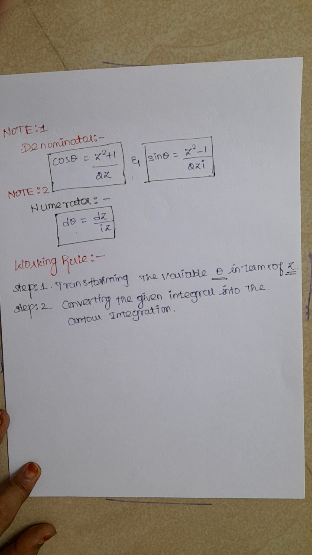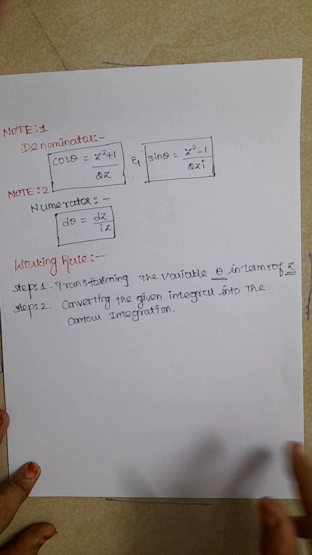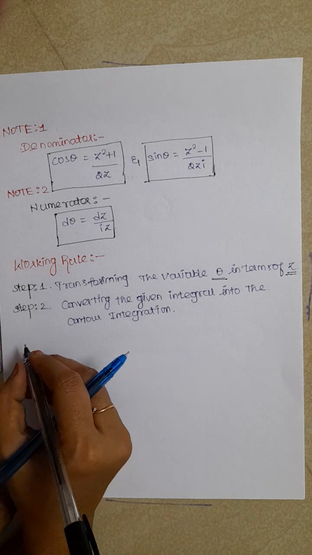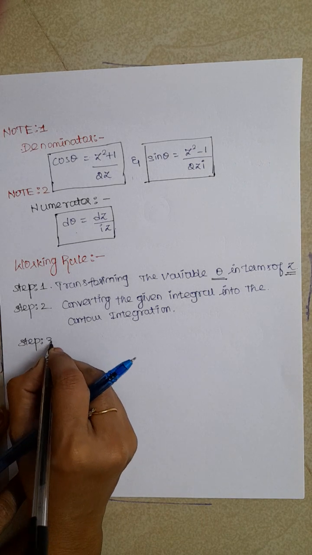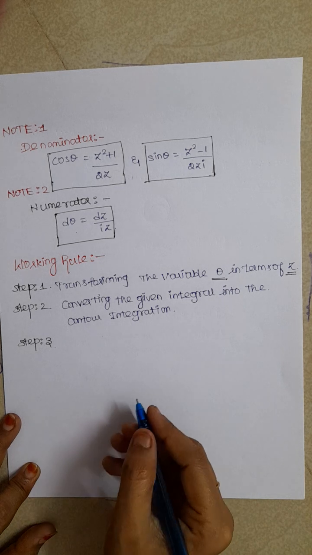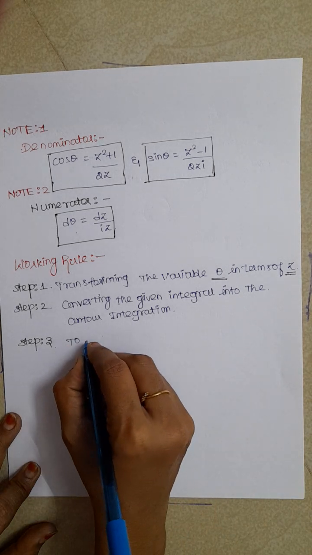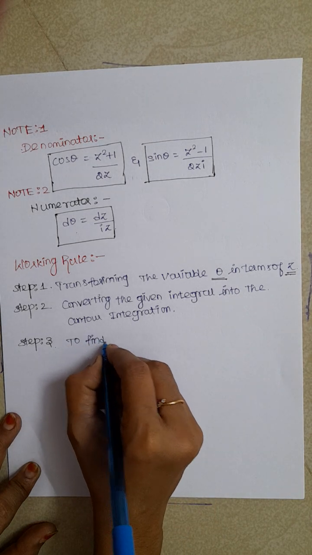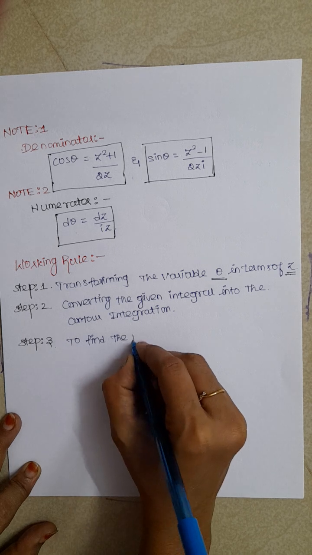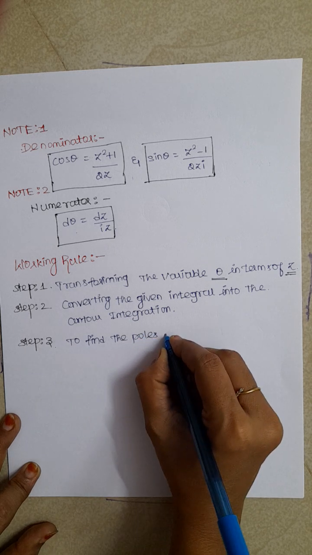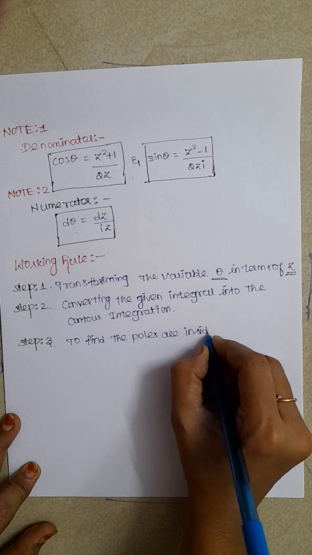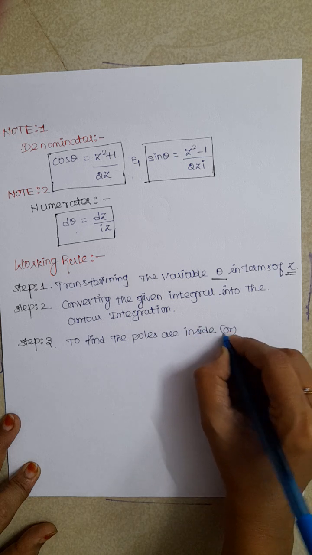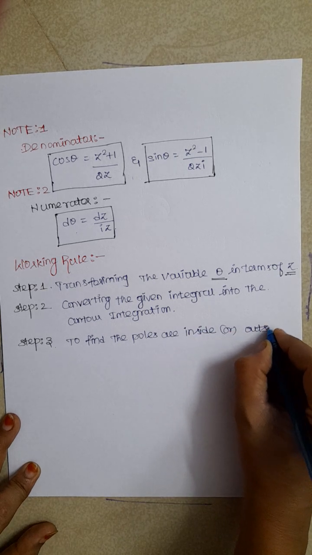So it means that the given integral can be converted to contour integration. Okay. Next, step number 3, to find whether the poles are inside or outside.